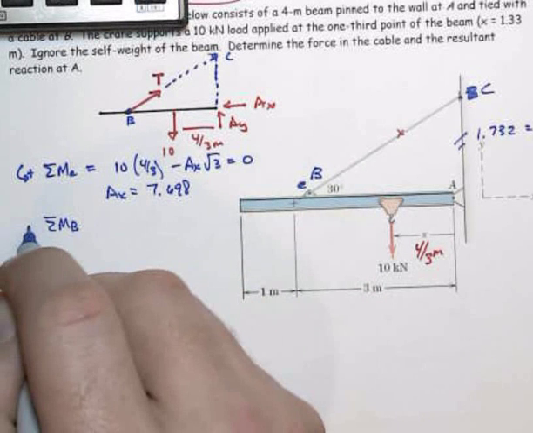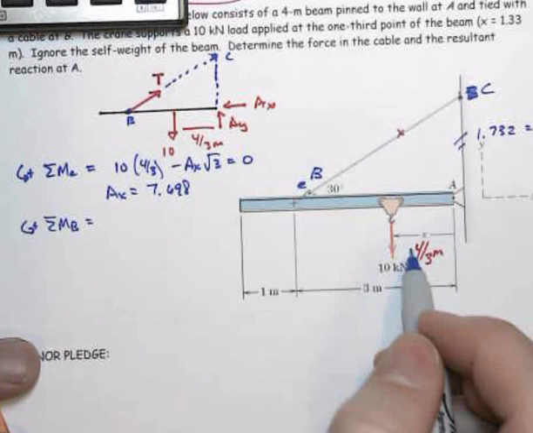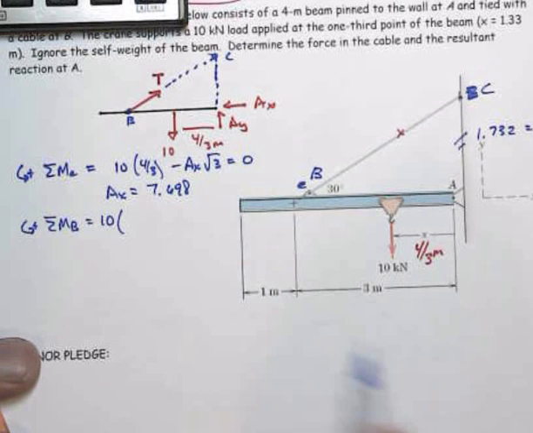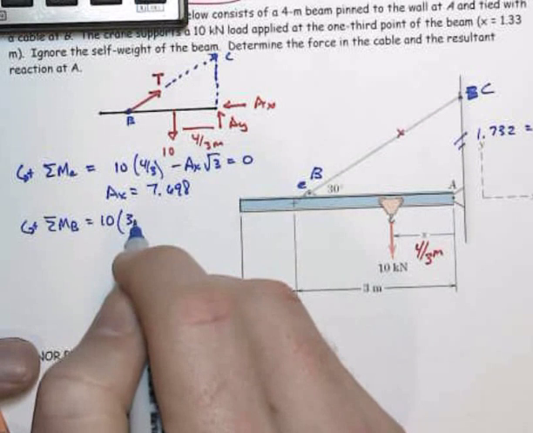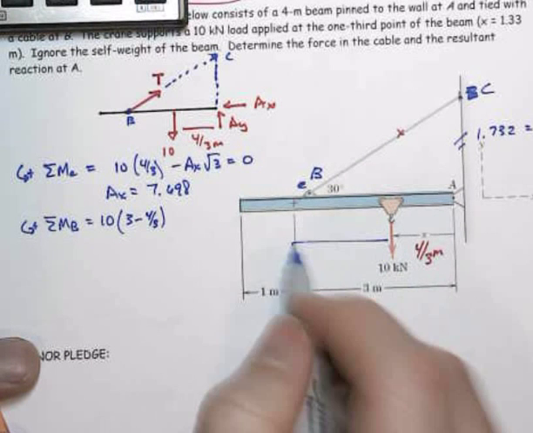Okay with that. Let's take counterclockwise positive again. We get 10 times 3 minus 4/3. Right, so that's the moment arm here.